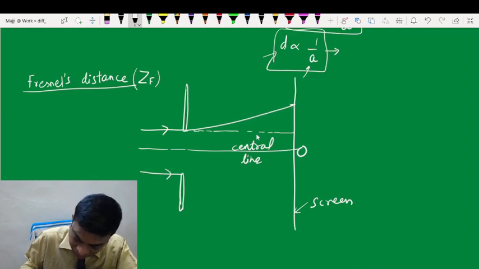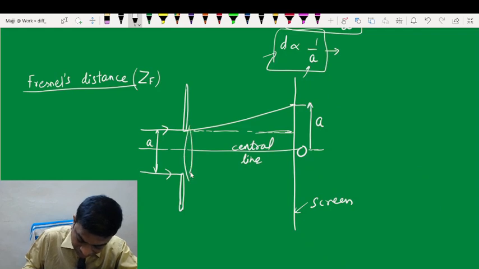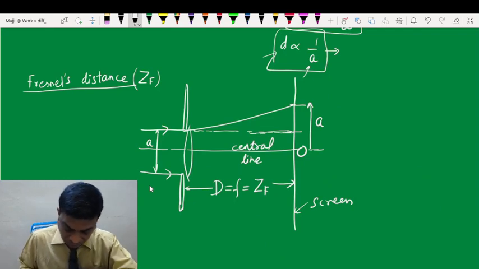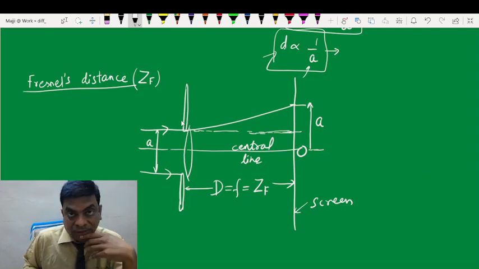So this is the slit, this is the central line. From the central line, the deviation is a. If that be the case, then this distance will be known as the Fresnel's distance. Fresnel's distance is the distance where the deviation is equal to the slit width.